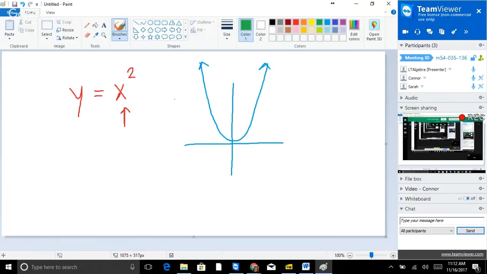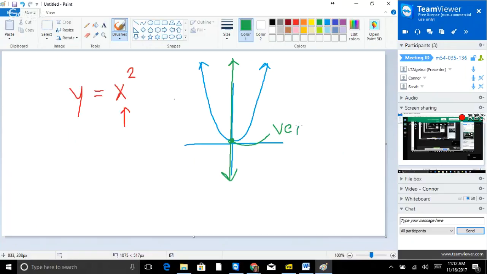One is that they are symmetrical. This particular one happens to be symmetrical about the y-axis. Also, along this line of symmetry, we have this point here, which we call the vertex.